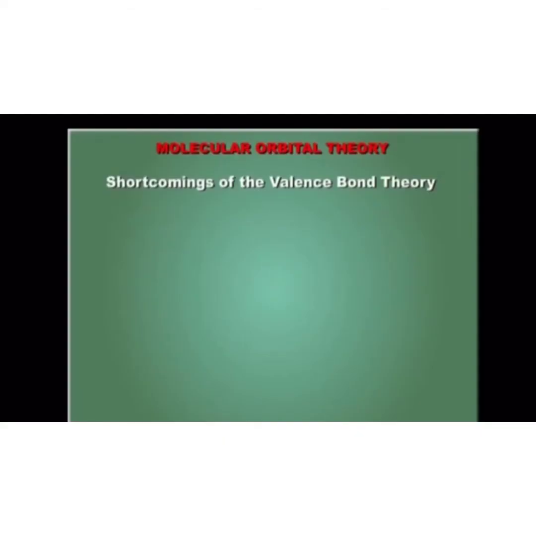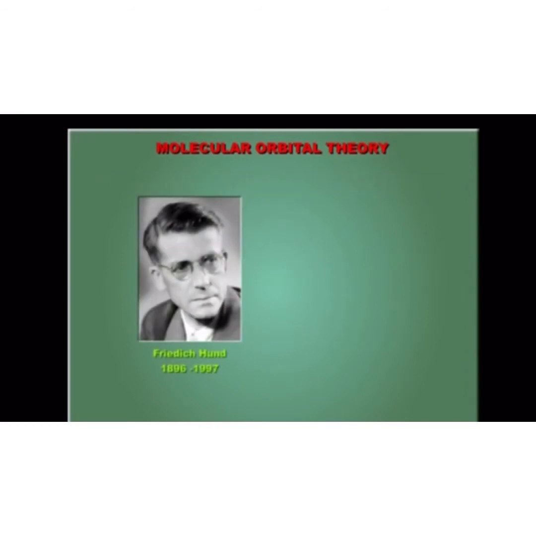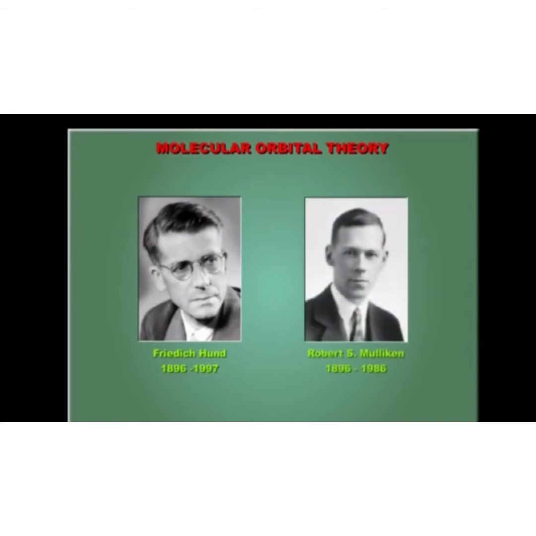Valence bond theory could not explain clearly the bond strength, bond order, and magnetic behavior of molecules. Thus, a new theory called the molecular orbital theory was introduced by Friedrich Hund and Robert S. Mulliken in 1932.